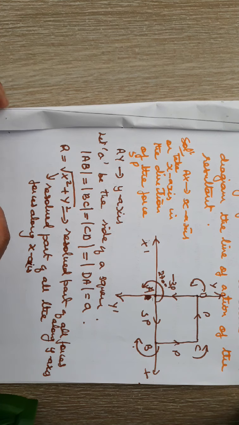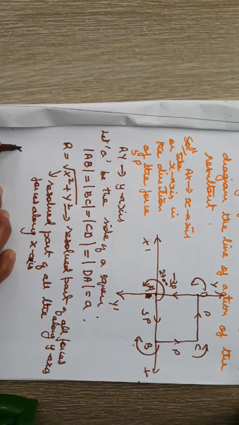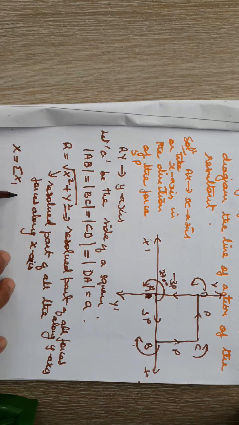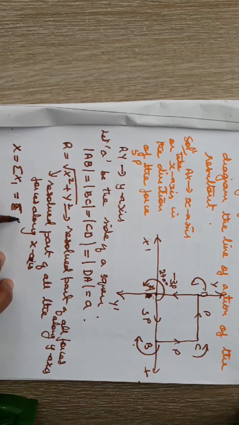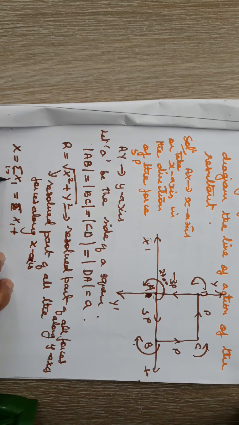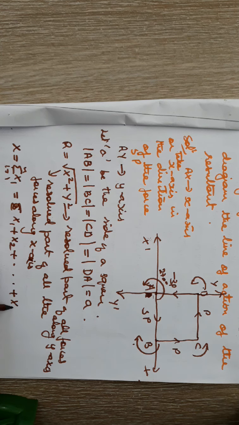And in the analytical method, X is called the summation of x_i, where i varies from 1 to n, that is x1 plus x2 plus up to xn.